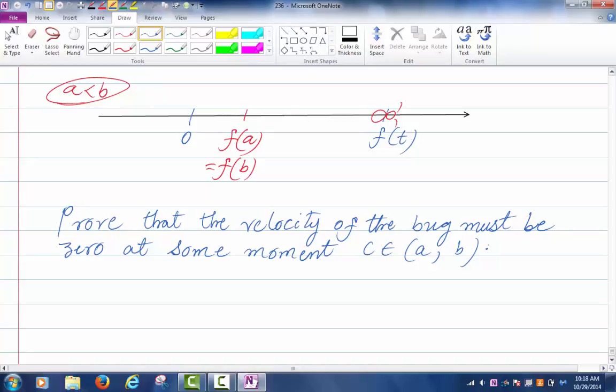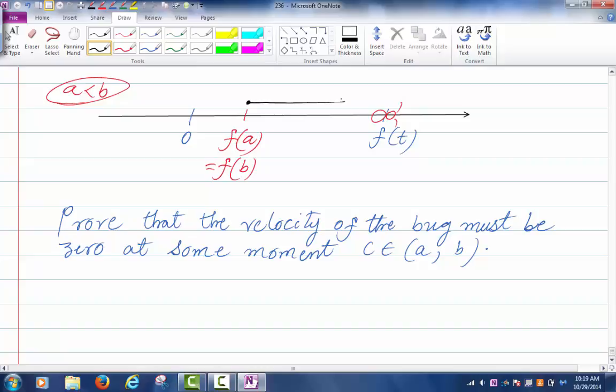And it should be intuitively clear why that's the case, because at time a the position of the bug is right here, right? It's on the line. Let's say this is a one-dimensional world, so there are no two dimensions here, and the bug can only go back and forth on this line. It could start going to the right or left.